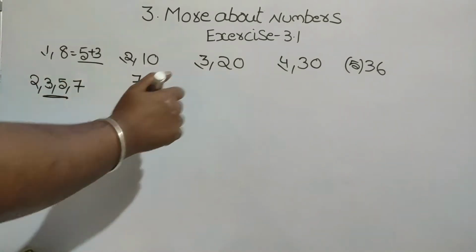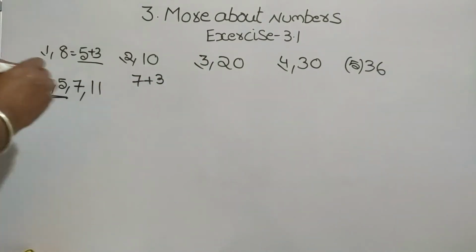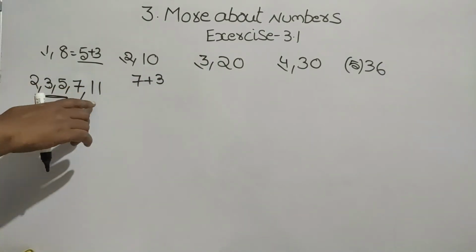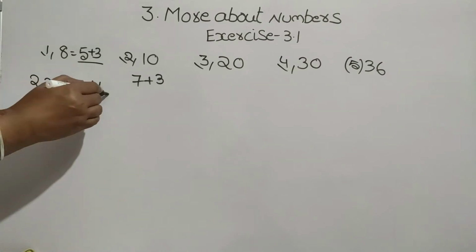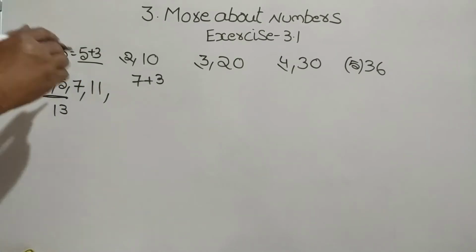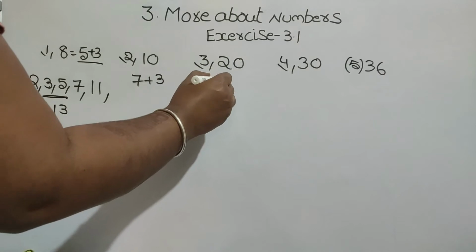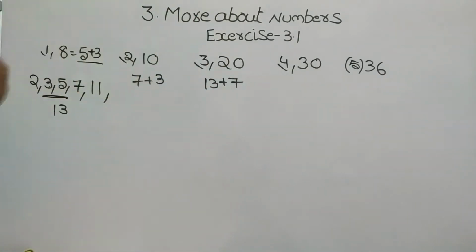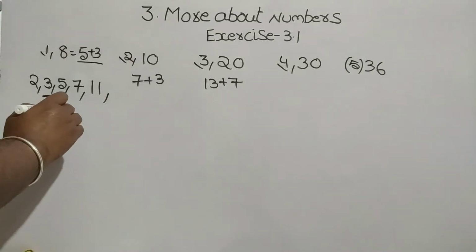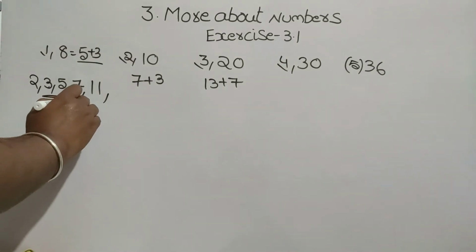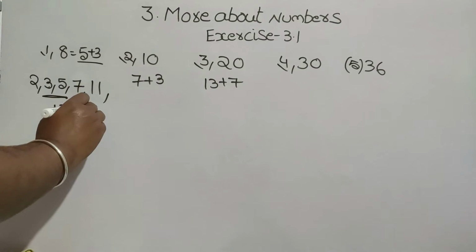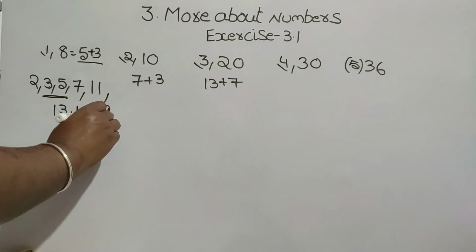Next, 20. After 7, 11 is a prime number. After 11, 13 is a prime number. So 13 plus 7 is an addition of two prime numbers. 30. So here after 13, 17 will come, 19 will come.